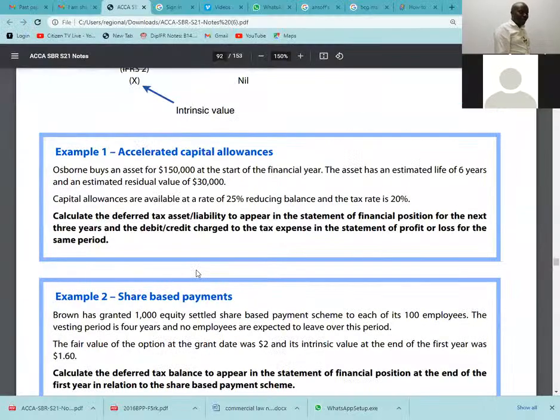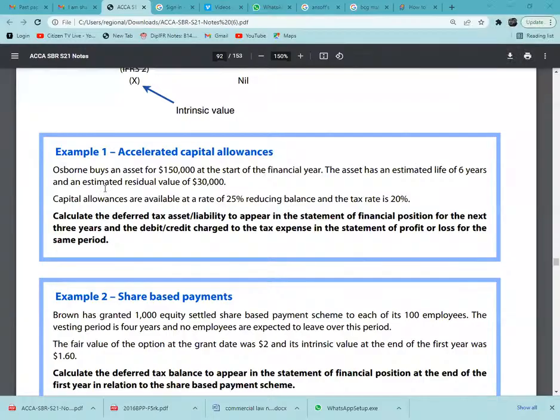Great. Ladies and gentlemen, here we are. We shall overcome. So here we are. Example 1, accelerated capital allowances. We are told Osborne buys an asset for $150,000 at the start of the financial year.